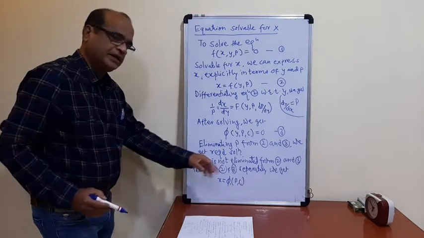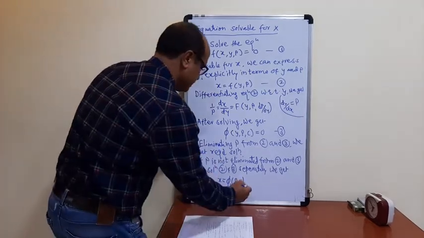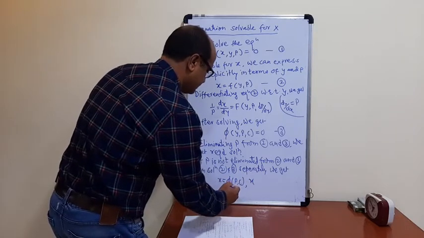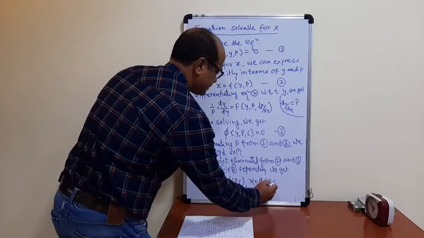So c is an integrating constant, solution of this is this, and solution of this is something, x is equal to phi 2 (p, c).